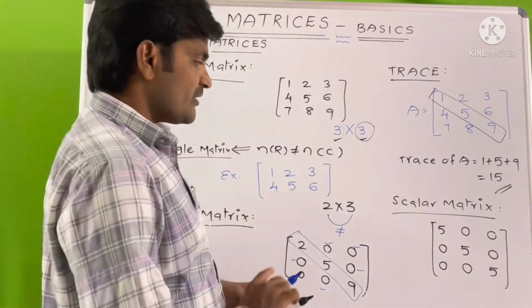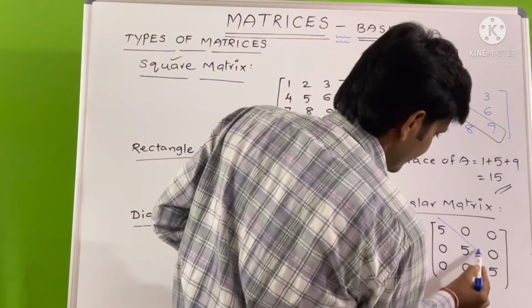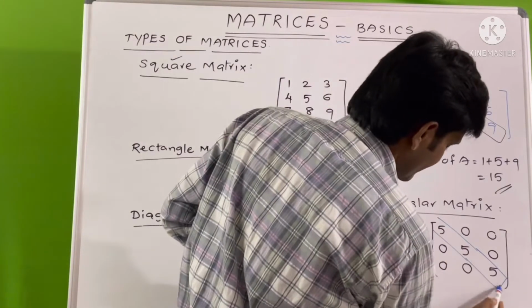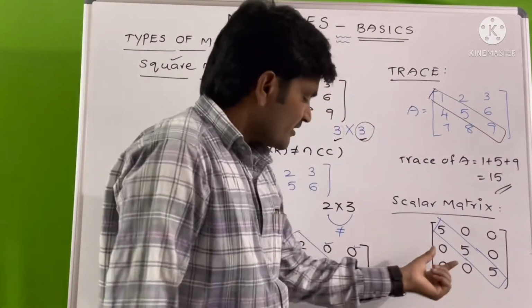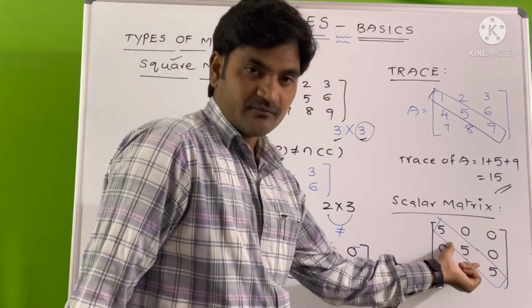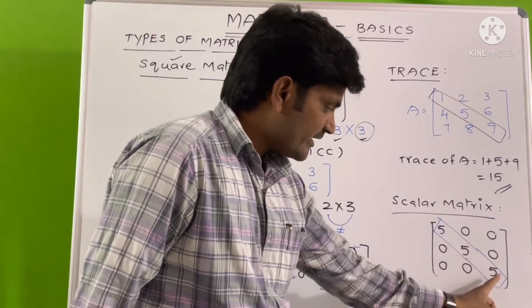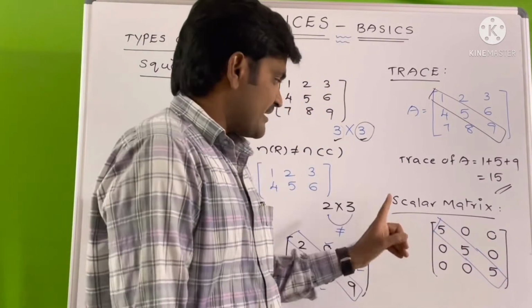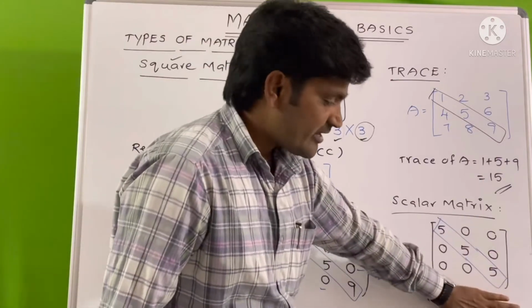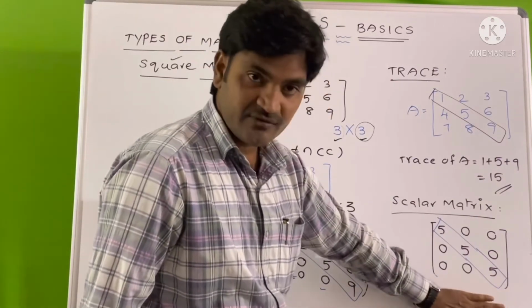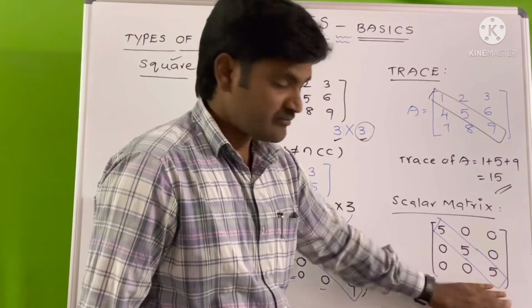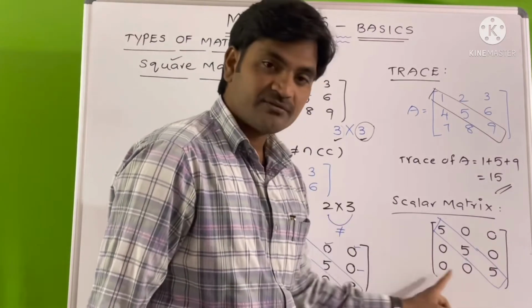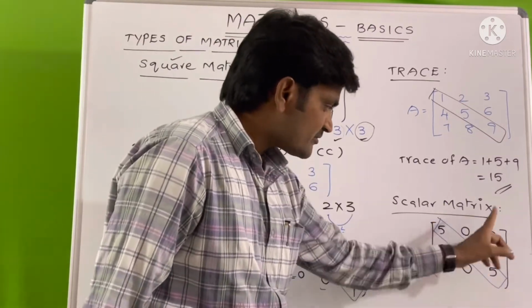Okay, now the definition, observe here. This is the principal diagonal. Now the definition of scalar matrix is, in a square matrix, clearly observe here, this is a square matrix because the number of rows and number of columns are equal.